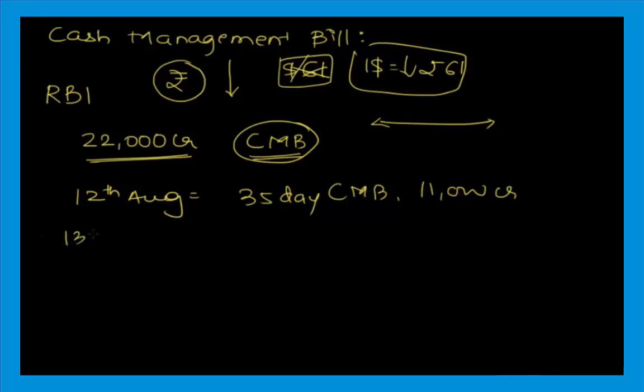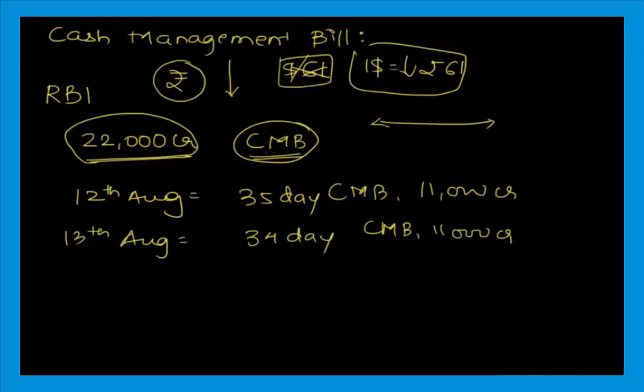And on the 13th of August, they are again going to issue a 34-day cash management bill for 11,000 crore. So every week they are going to raise 22,000 crore under cash management bills. For what tenure and what amount, they will discuss a day before and announce it.